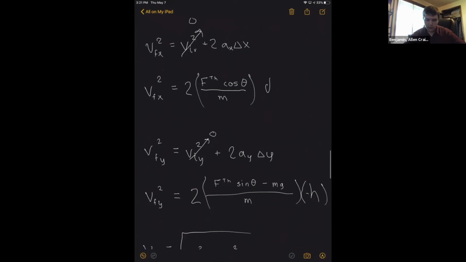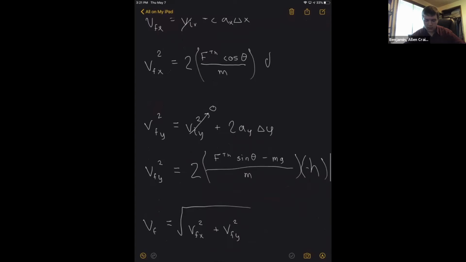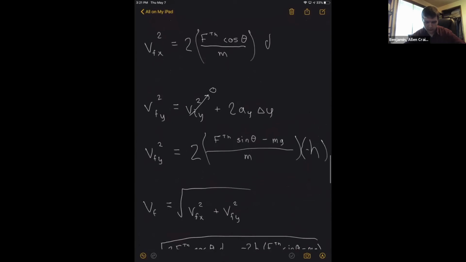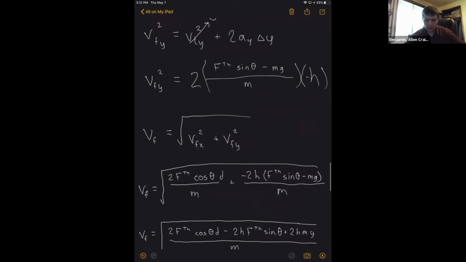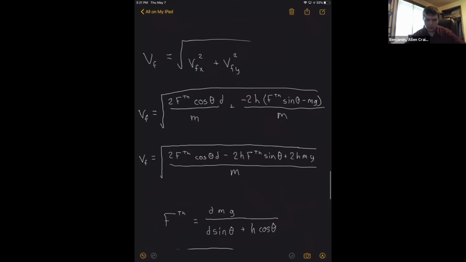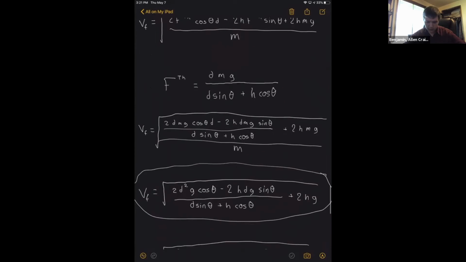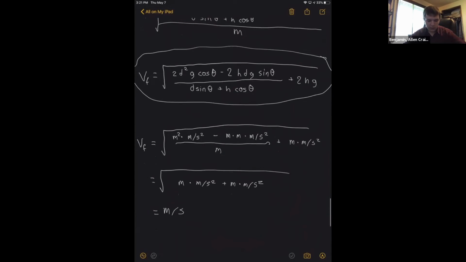We know all of those values from the equations above, so we plugged those in to find the final velocity for each of the x and y directions, and then used the Pythagorean theorem to determine the magnitude of the final velocity, which through some more algebra, we came up with this, which is on the next slide.